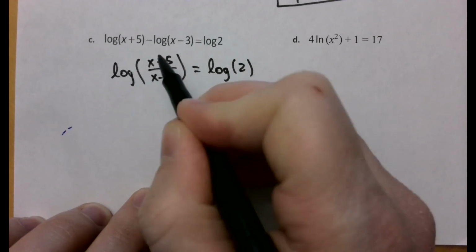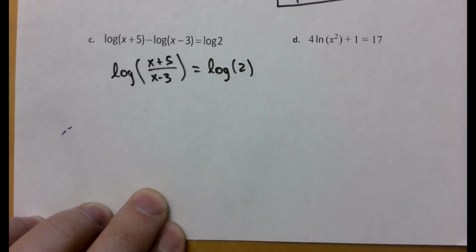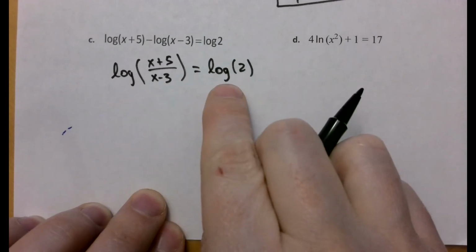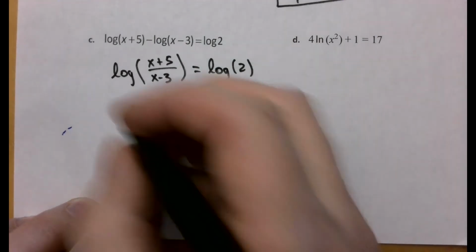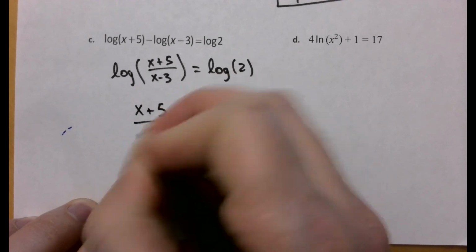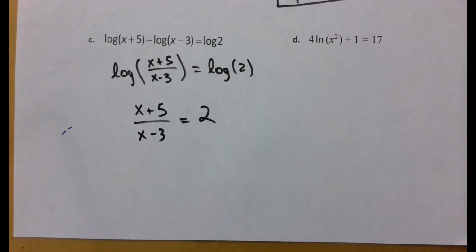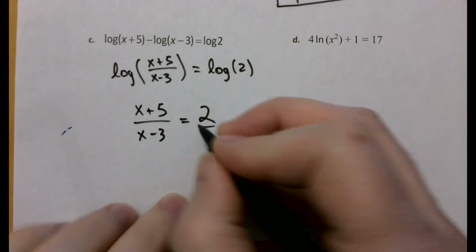This is the same representation of the previous thing. Now, note that the bases of these logarithms are exactly the same. So we can ignore the logarithms for the moment, and we can solve this rational equation back from chapter 4. And to solve this one, let's just do the old cross multiplication thing.